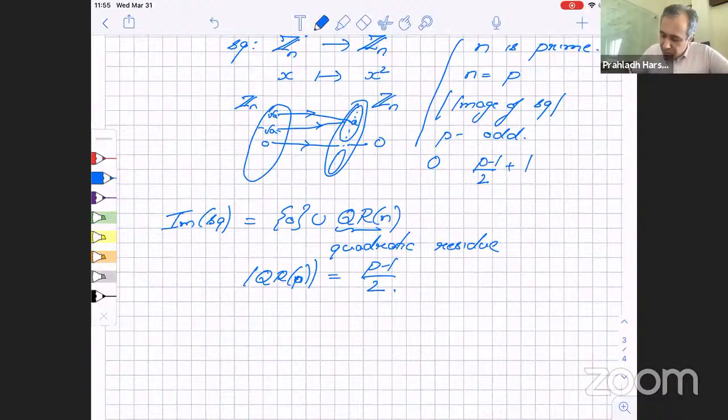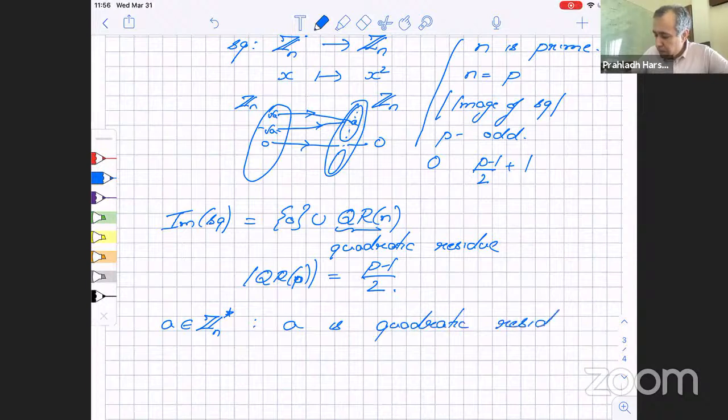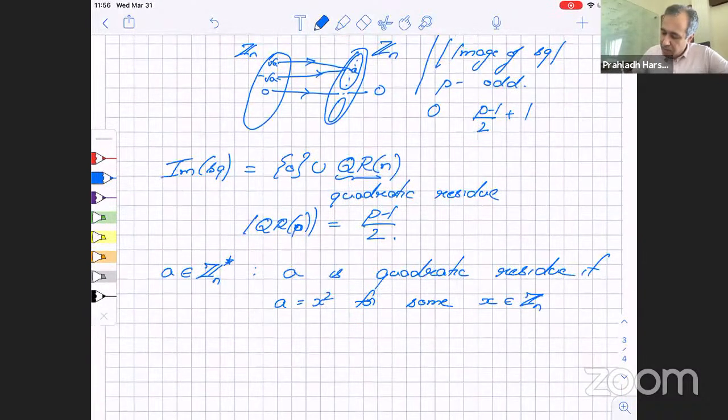So I'm going to define A in Zn star. We'll say A is a quadratic residue if A equals x square for some x in Zn, and otherwise A is a non-quadratic residue.